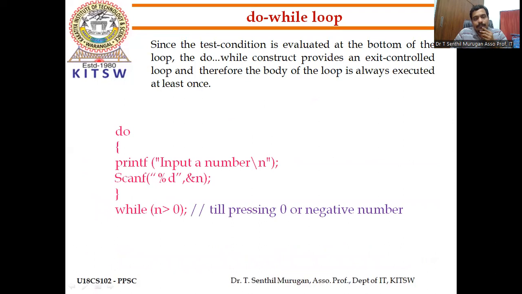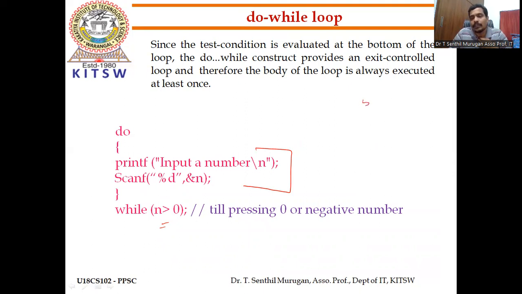So for example, I want to check whether the input values are 0 or negative numbers. Whenever I press, I get the n value, and after getting the value, it will check whether it is greater than 0 or not. If it is greater, again it will ask for input.